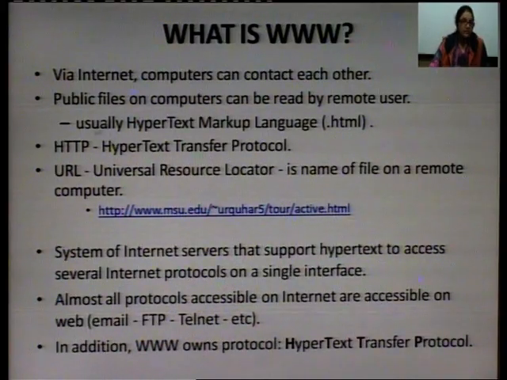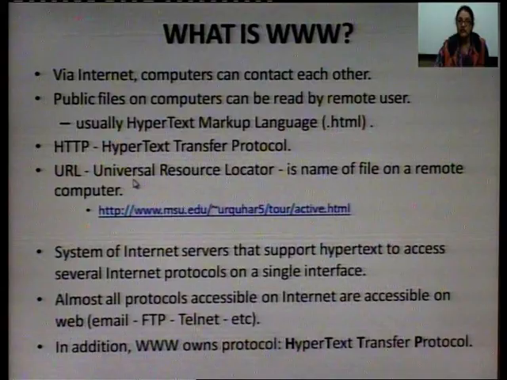Via the internet, computers can communicate with each other by sharing information, messages and any kind of data from sender to receiver, and public files on the computers can be read by remote users, usually in hypertext markup language, that is .html. HTTP, that is Hypertext Transfer Protocol, is a part of WWW.